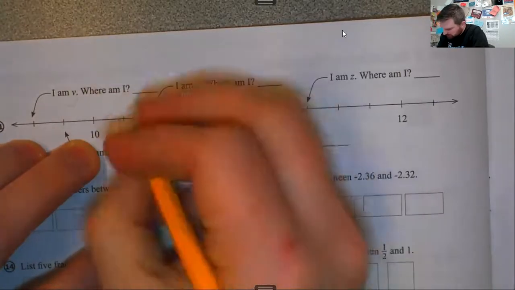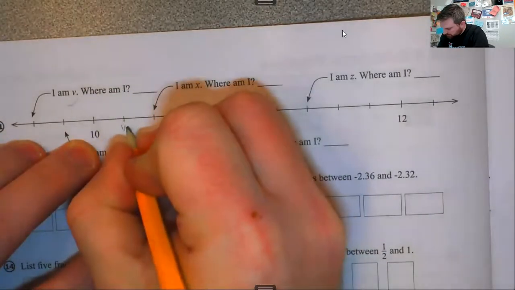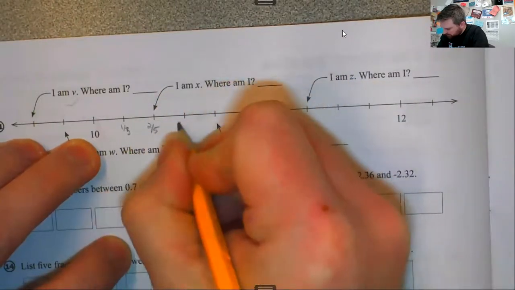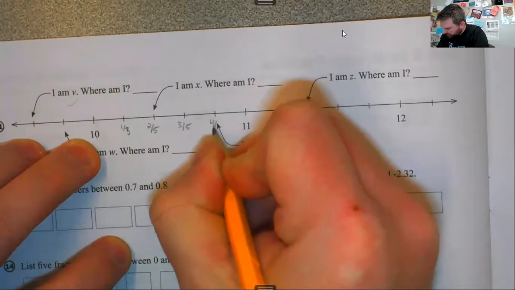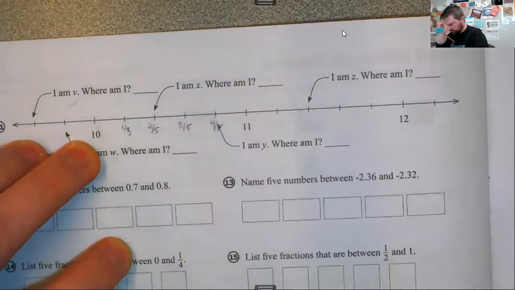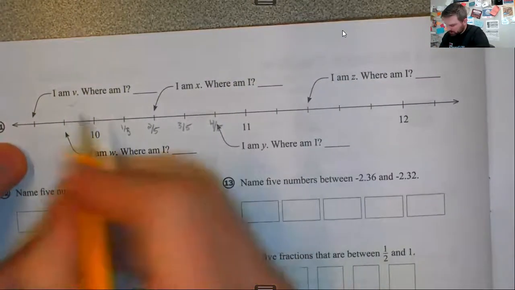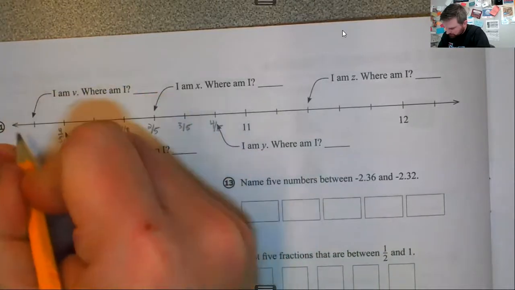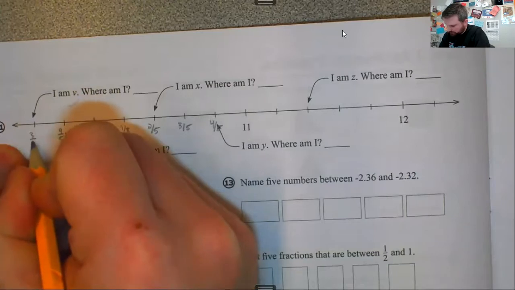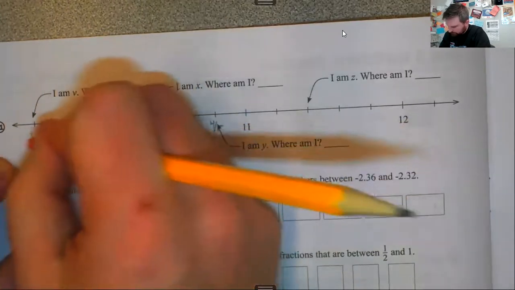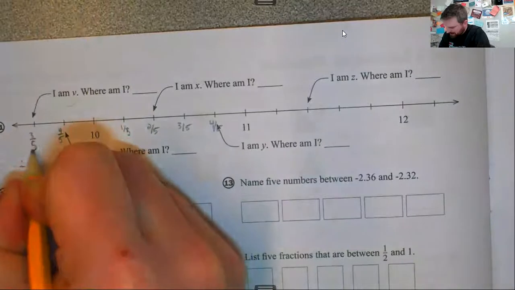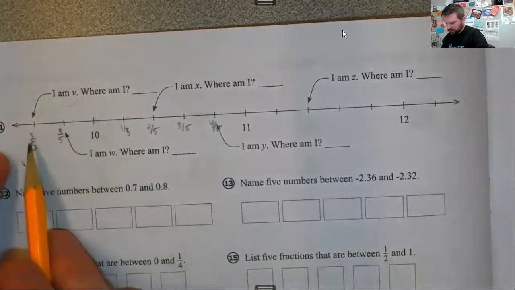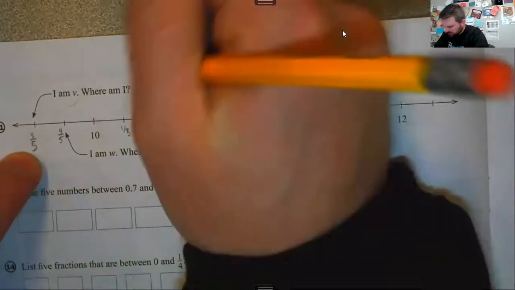So I believe that this is 1/5, 2 over 5, 3 over 5, 4 over 5, and then that would be 6 over 5. So going down, this would be 4 over 5, 3 over 5, and 9 would be somewhere over here. Okay, so where am I? This is 9 3/5.